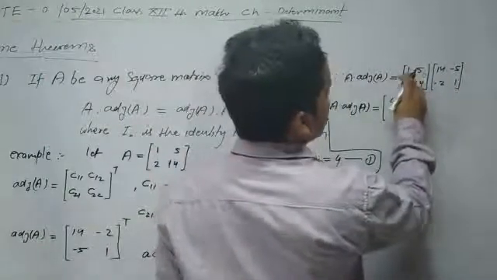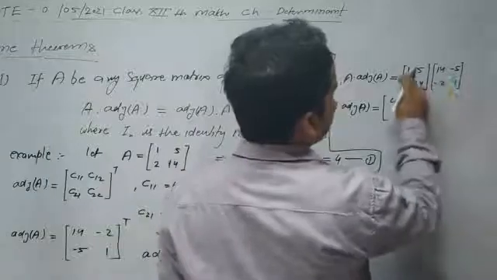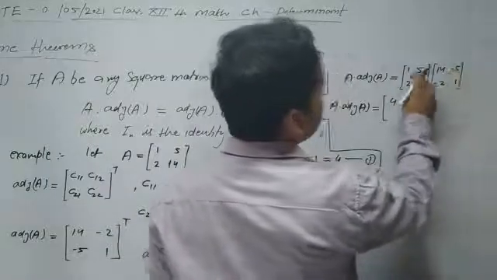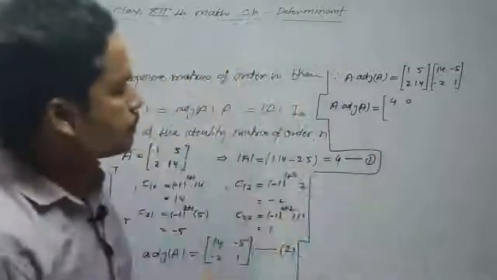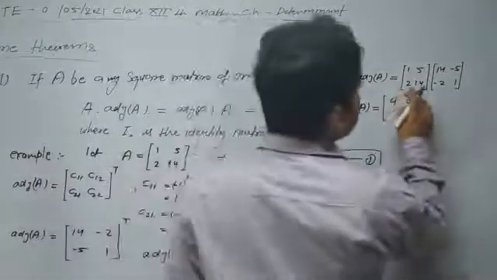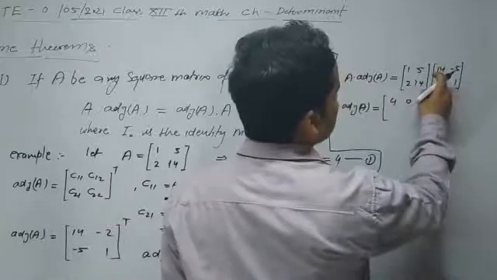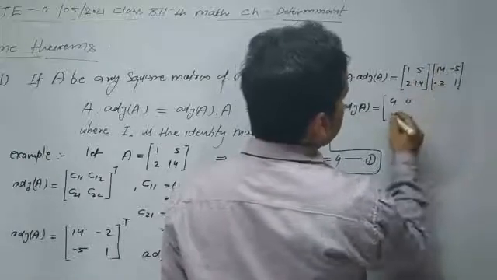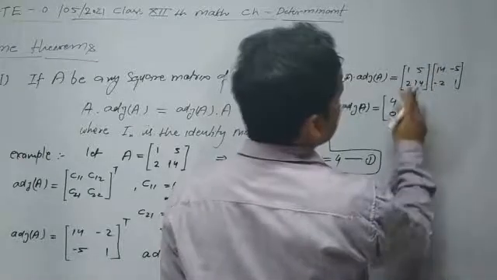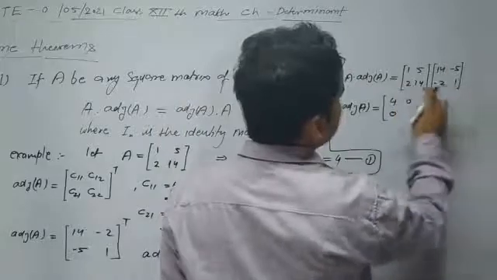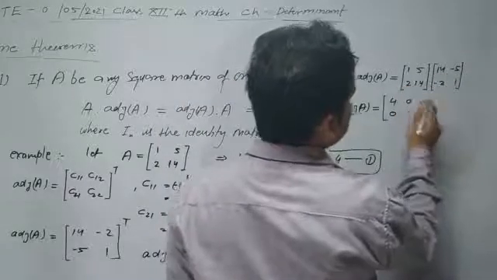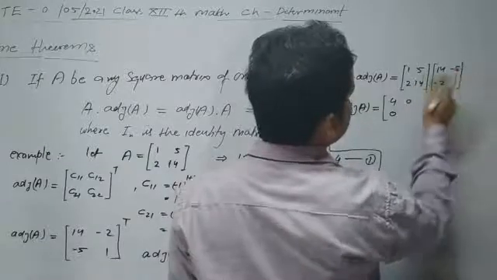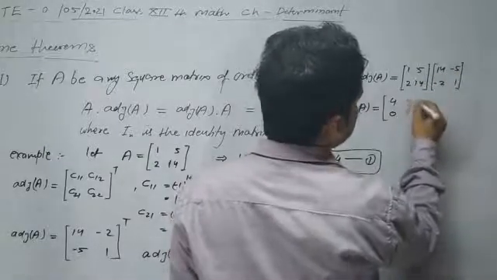Similarly, first row multiplied by second column: 1 into minus 5 plus 5 into 1, result is 0. Second row by first column: 2 into 14 minus 14 into 2, that is 0. Second row by second column: 2 into minus 5 plus 14, result is 4.